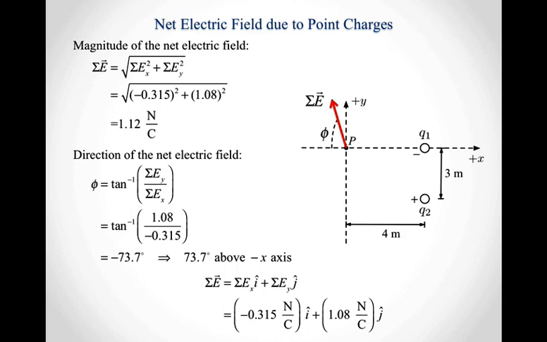Because my x component is negative, that's an angle drawn with the negative x side of the axis. So I calculate it by taking the inverse tangent of y component over x component. My calculator tells me that's negative 73.7 degrees, and so what that really means, in this case, is 73.7 degrees above the negative x-axis. So again, vector addition problems are what we're going to do to calculate the net electric field at a point due to a series of point charges.